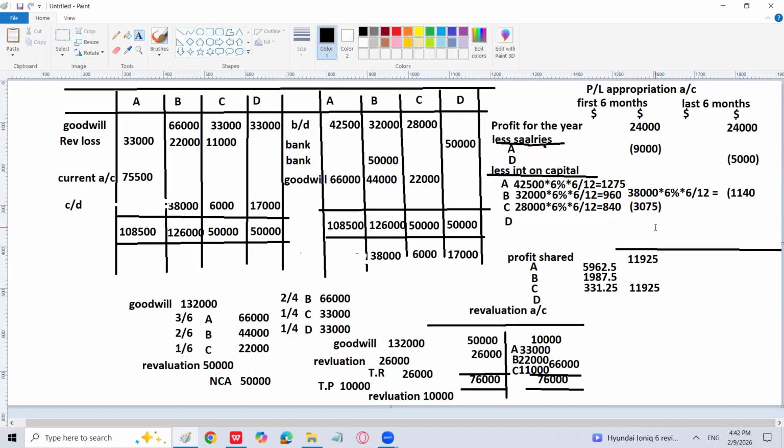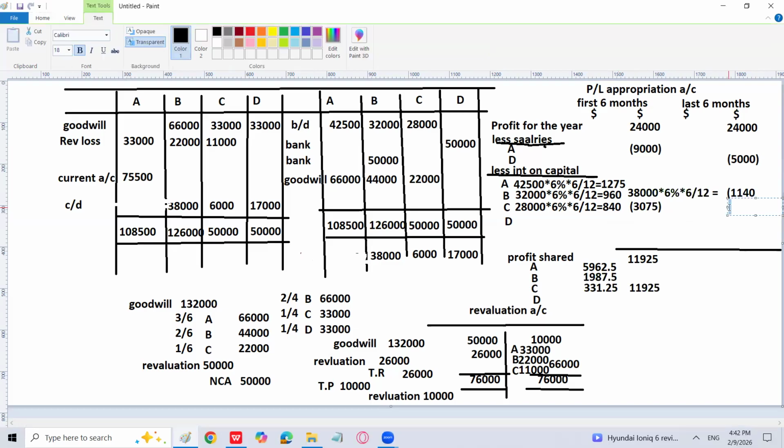Then that is going to be for C. The capital is 6,000 into 6% into 6 over 12. What is the amount? 180. Then for D, I can write that amount 17,000 into 6% into 6 over 12.